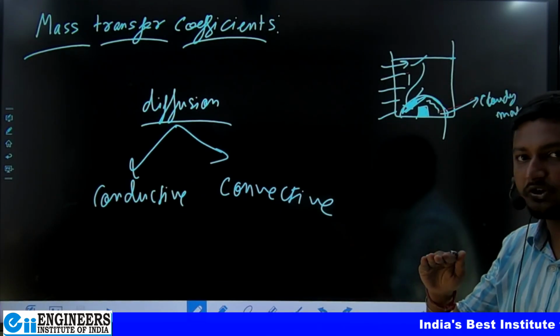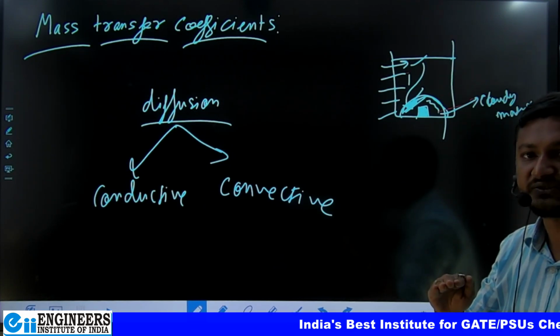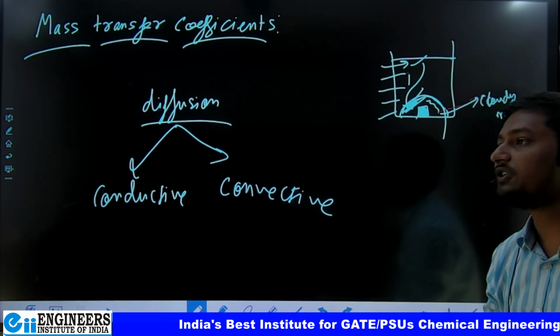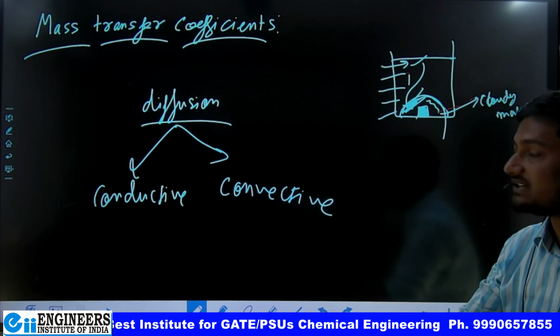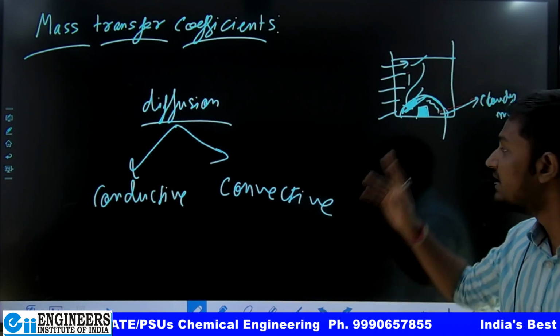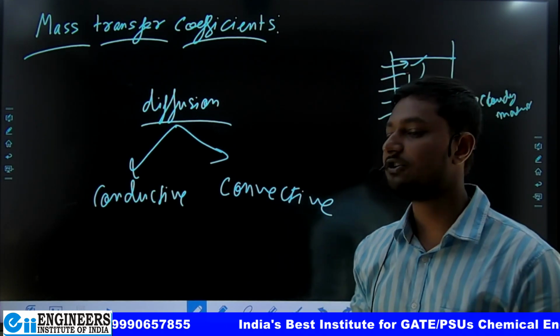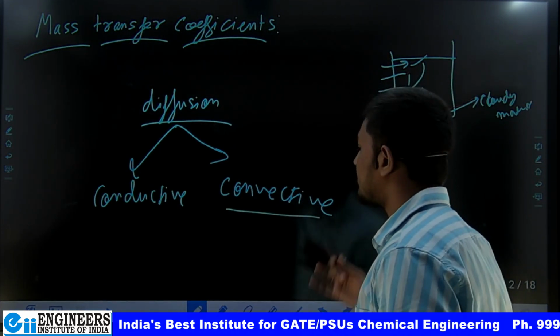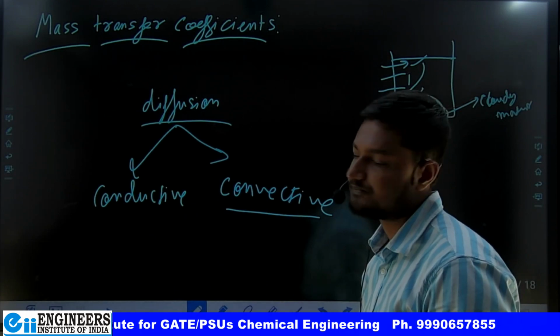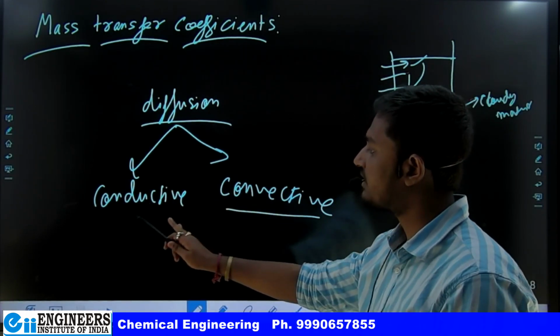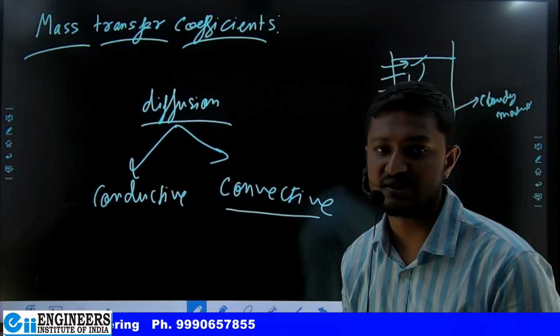That kind of mass transfer, which happens under the influence of some external force, here the stirring, is known as convective mass transfer. Clear? So that is the basic difference between conductive mass transfer and convective mass transfer.